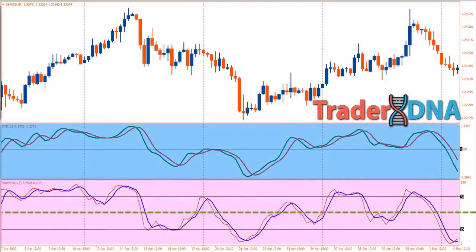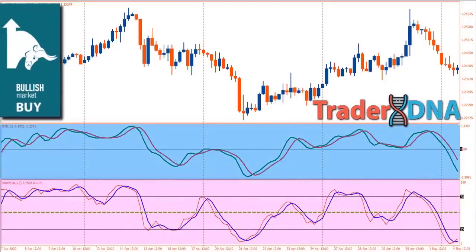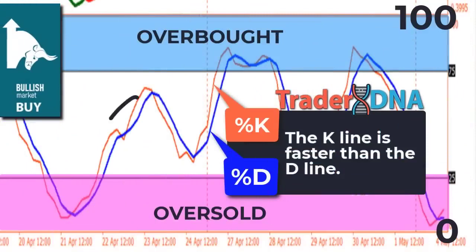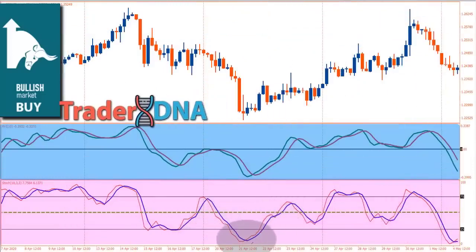Buying rules. The buy signal is generated when the %K line of the stochastic crosses above the %D line. Stochastic is above 50 after moving higher from the oversold zone. And the RVI line is above the signal line.